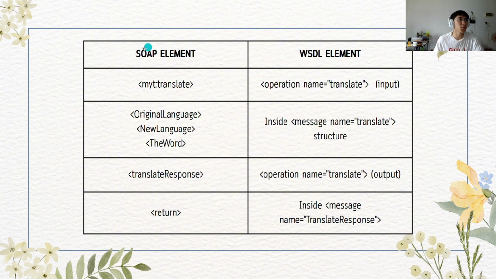Next, these are the corresponding SOAP elements and their WSDL elements. First is MYT translate, which appears as operation name equal to translate in the WSDL file, which is the input where we type our word.